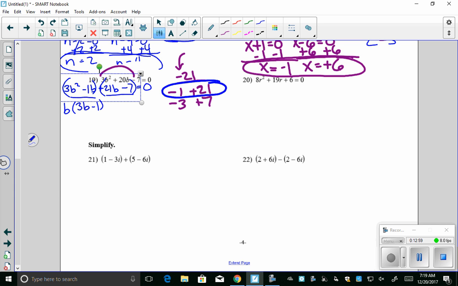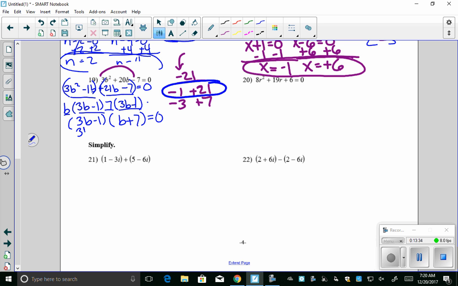Here it looks like it's going to be positive 7. So you're going to have 7(3b minus 1). Okay, from here, if these are the same, you did it right. So you're going to pull out the 3b minus 1, and then you're going to combine these two: b plus 7 equals 0.